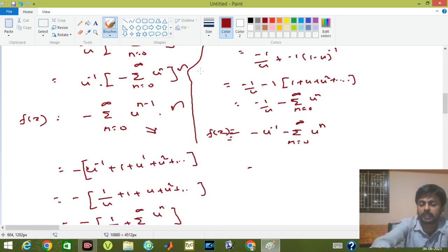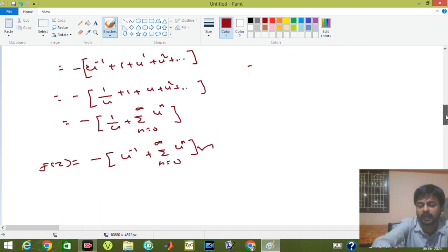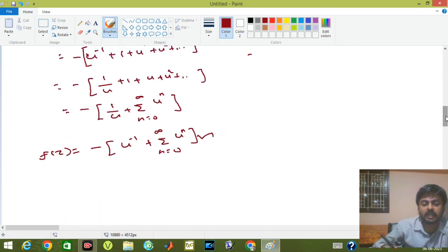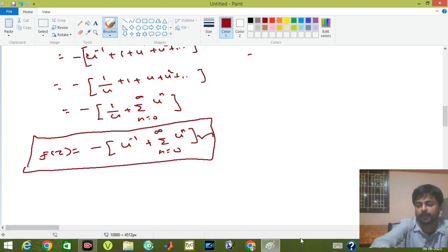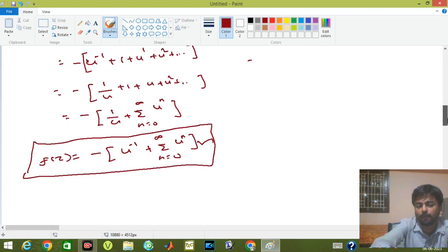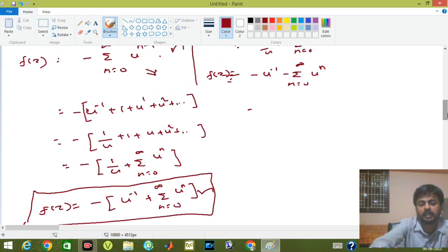So why I am stressing that this result is correct means this result can be obtained by using partial fraction. If you are applying partial fraction, you will get this result only.